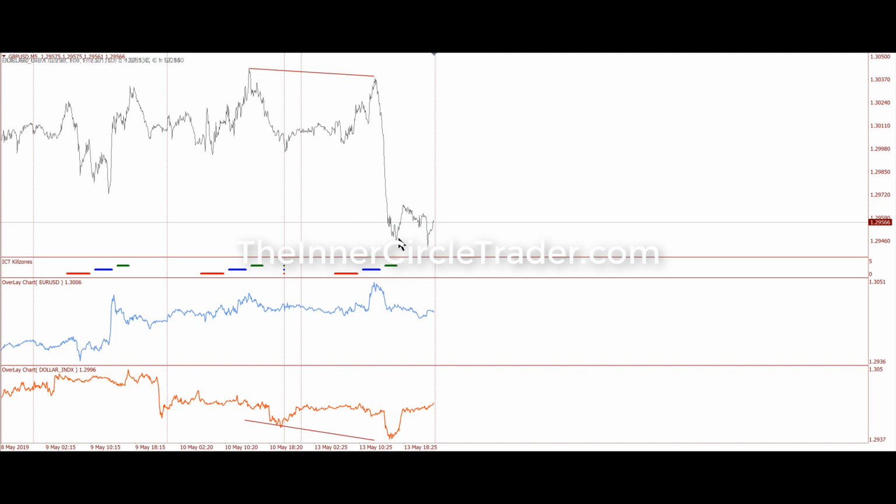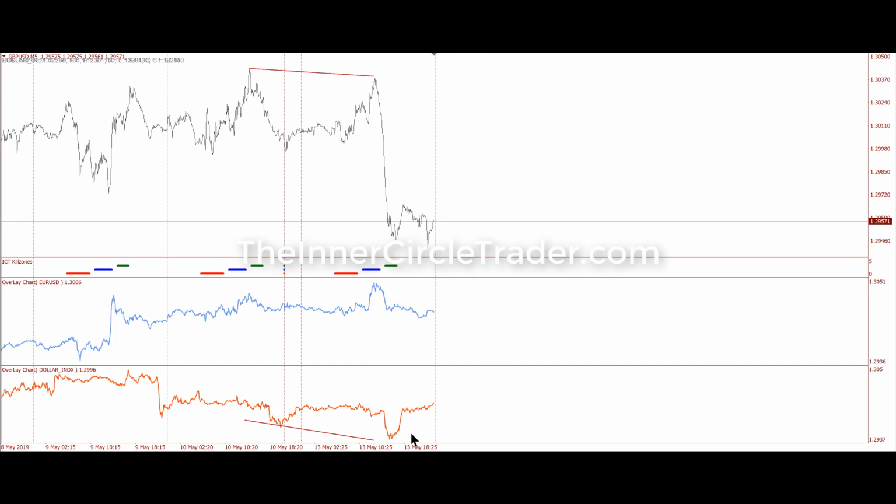Then you wait for the scenarios to form inside the kill zone, which is what I just outlined relative to euro dollar and cable. Cable's the weaker of the two. So therefore, our focus should be on trading short the cable market, British pound dollar, not selling or buying euro dollar.